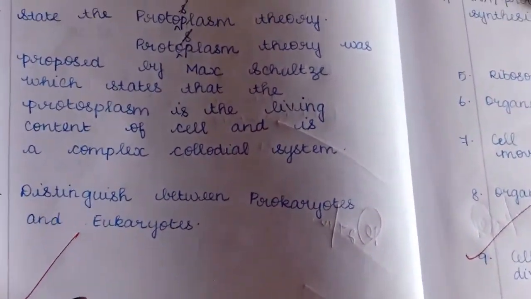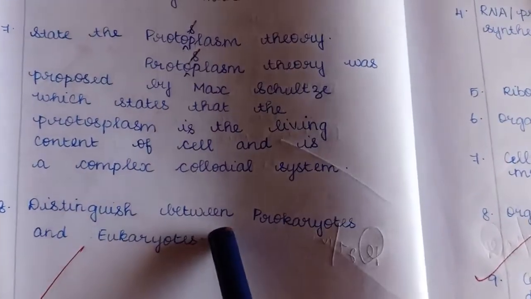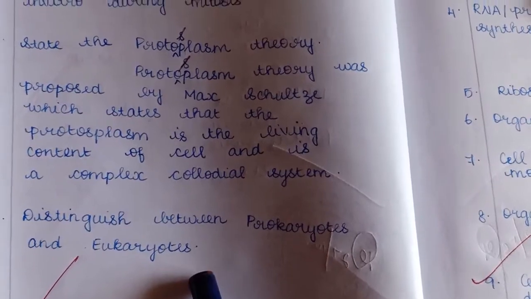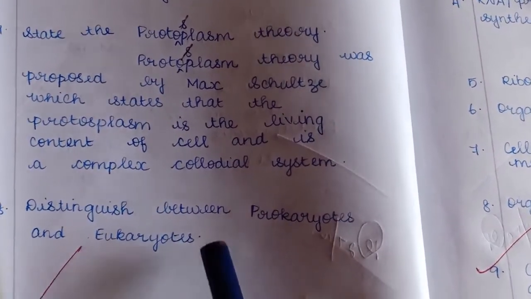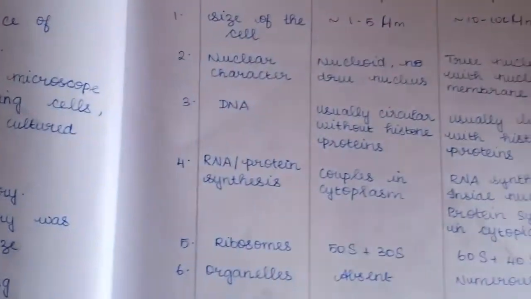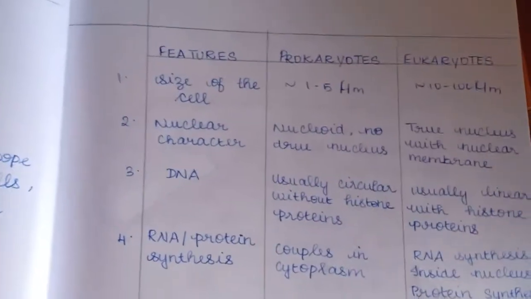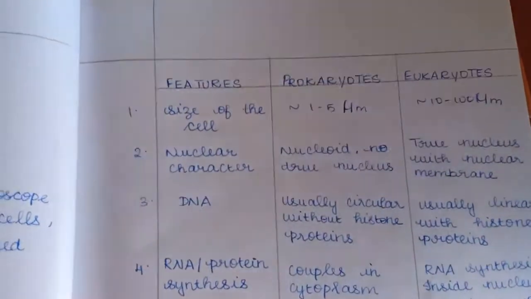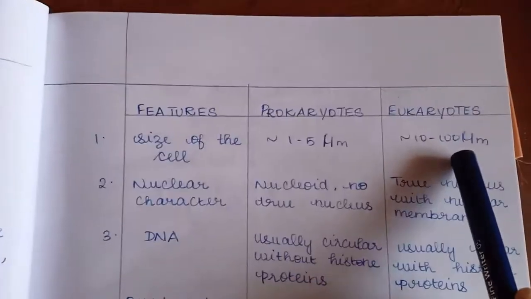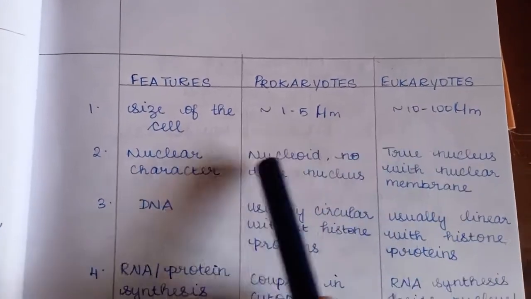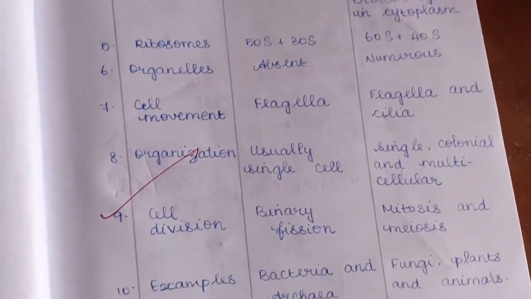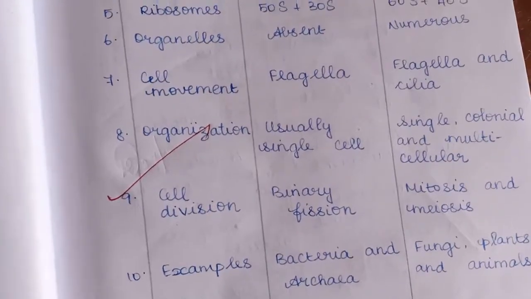Then 8th question, distinguish between prokaryotes and eukaryotes. Okay, we are going to make a differentiation of both the prokaryotes and eukaryotes. You can find them taken in a table with 3 columns. One is about the features, the second is prokaryote, the third one is eukaryotes. Okay, so it has got some 9 features, with the 10th point as the example.